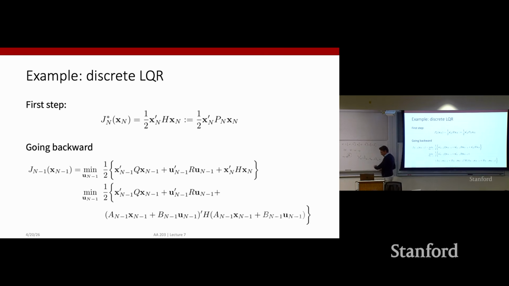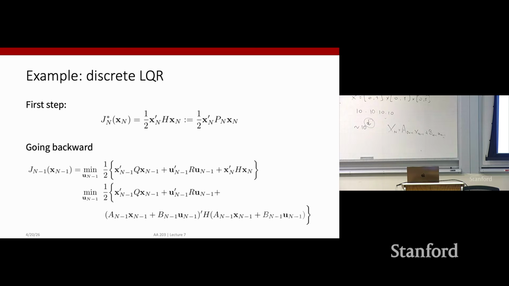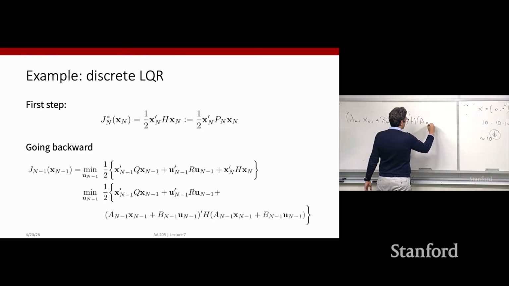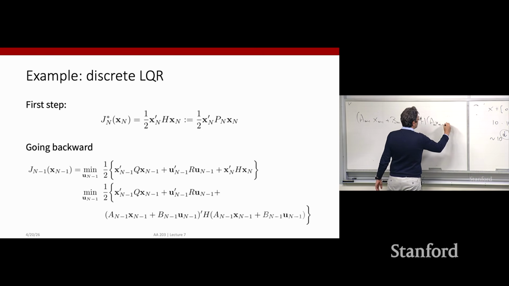So we have a n-1 x n-1 plus b n-1 u n-1 transpose H a n-1 x n-1 plus b n-1 u n-1.